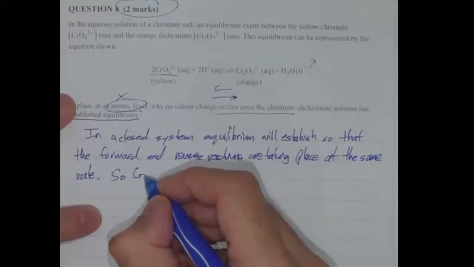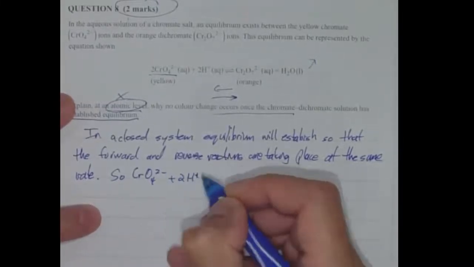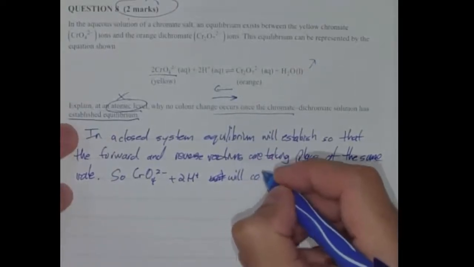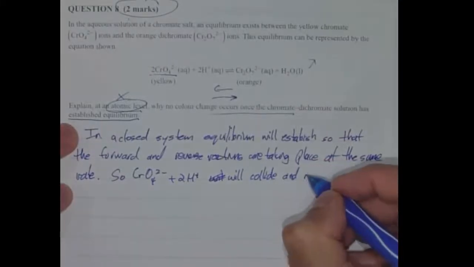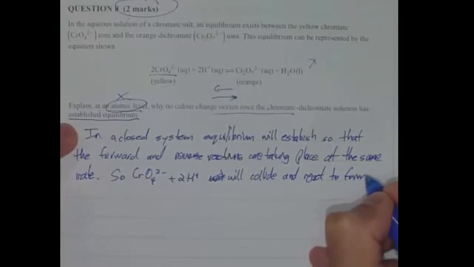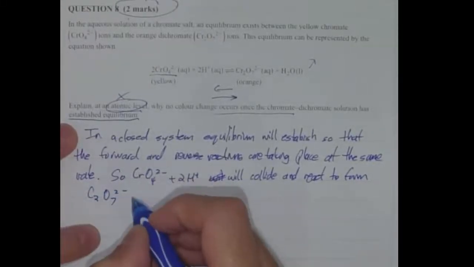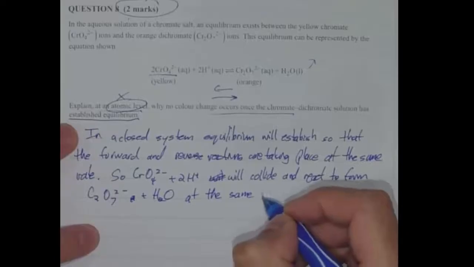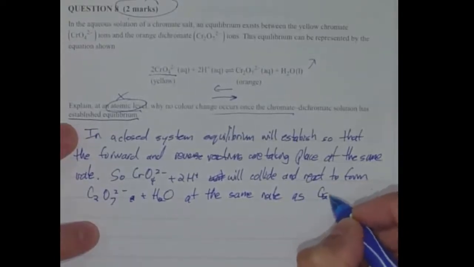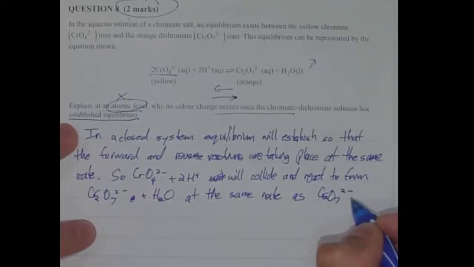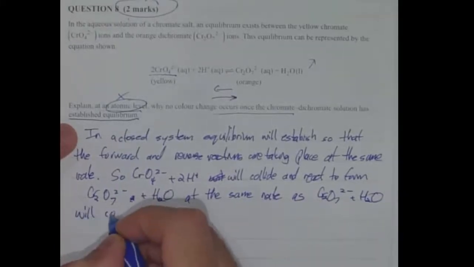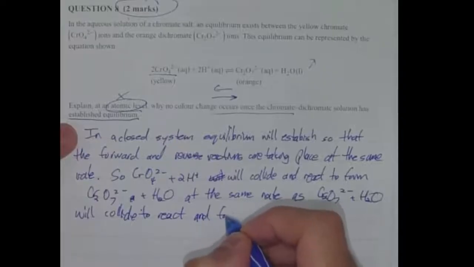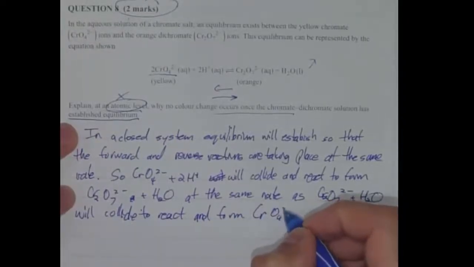So CrO4 2- plus 2H+ will collide and react to form Cr2O7 2- plus H2O at the same rate as Cr2O7 2- plus H2O will collide to react and form CrO4 2- plus 2H+.